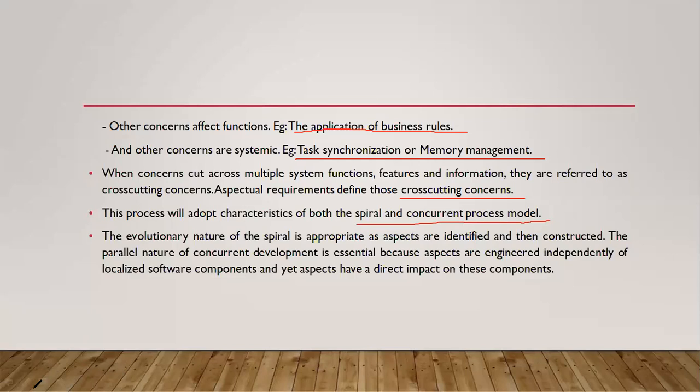Concurrent process model means parallel process model, so the activities are executed in parallel in nature. Such projects are called concurrent development. So by using spiral models or parallel models, or concurrent process models, we can apply this kind of aspect oriented project, isn't it?